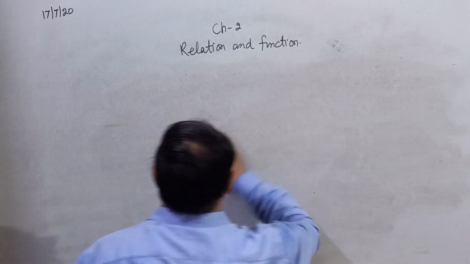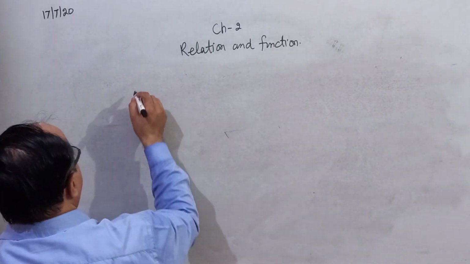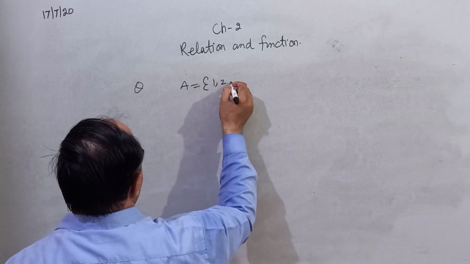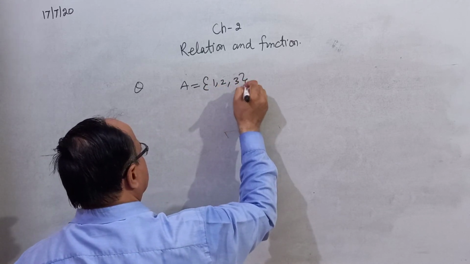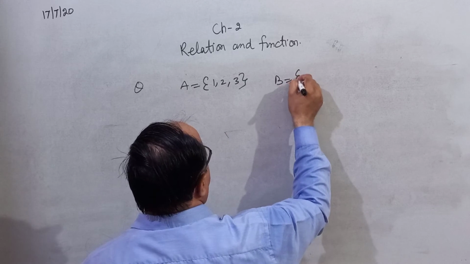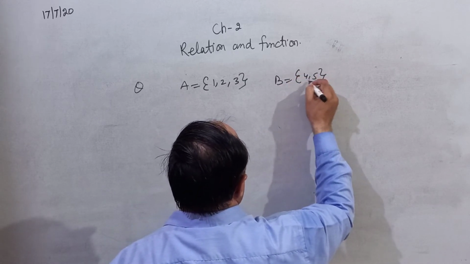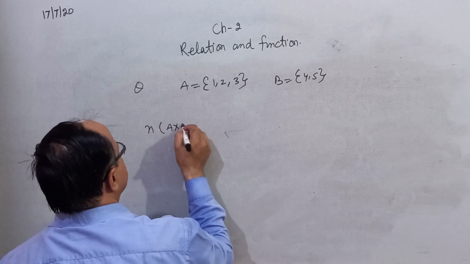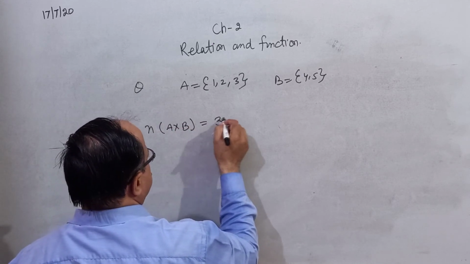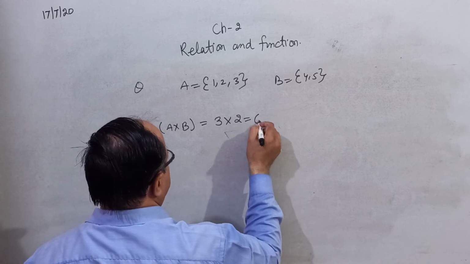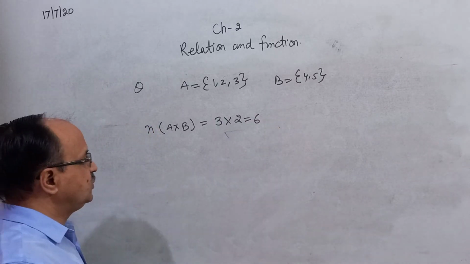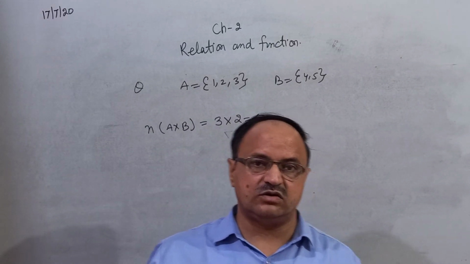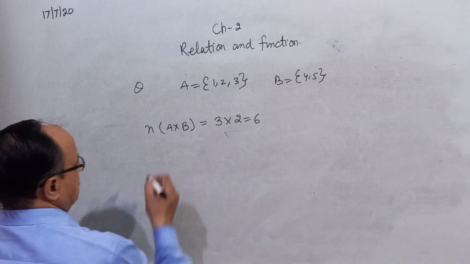Next question. Suppose set A contains elements 1, 2, 3 and set B contains elements 4, 5. So can you find the number of elements of A cross B? That is 3 into 2, 6. Can you write all the elements of A cross B?